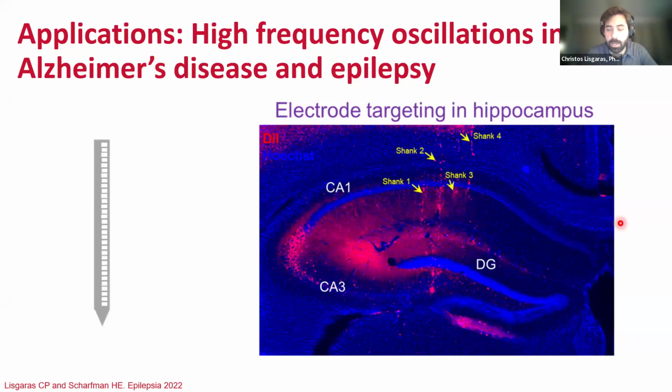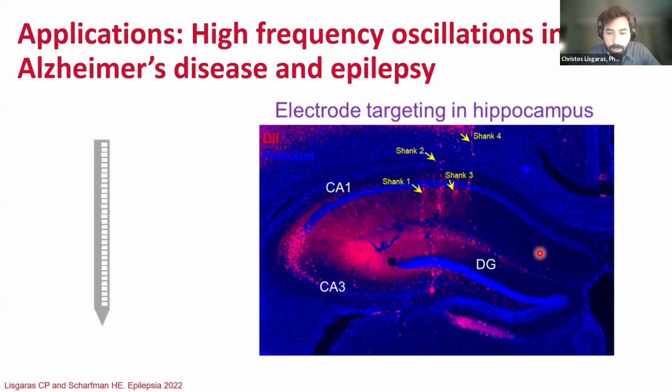The reason is that high frequency oscillations were considered a biomarker of epilepsy, but we wanted to test the hypothesis that they also occur in other brain disorders, where epilepsy can appear, but the mice were not epileptic at the time, at least that we recorded HFOs.